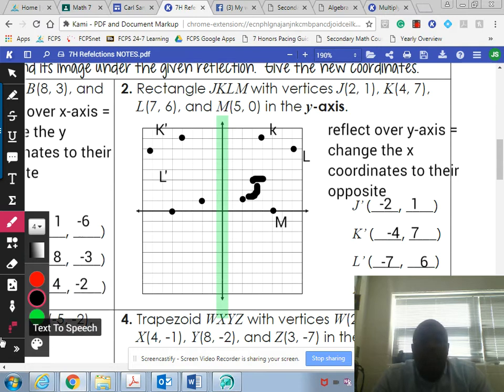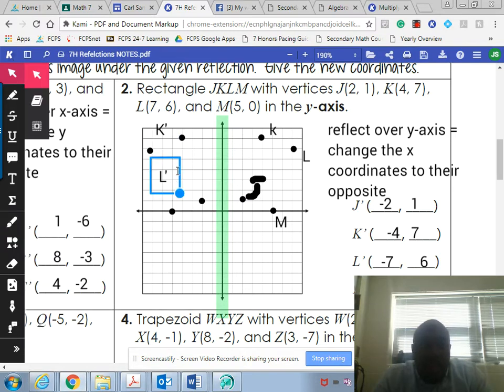Good, right there. And that's K prime. Let's go ahead and do L. L is 1, 2, 3, 4, 5, 6, 7 units from the y-axis. So now we need to count L prime. 1, 2, 3, 4, 5, 6, 7 units. And that's right here. And this is L prime.